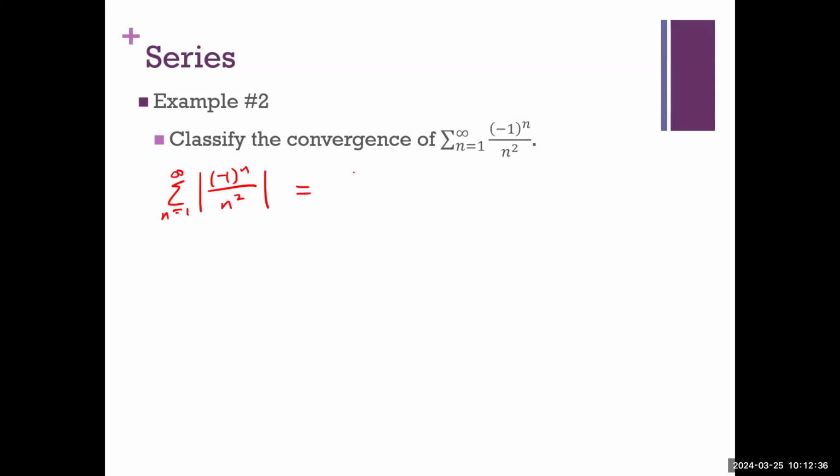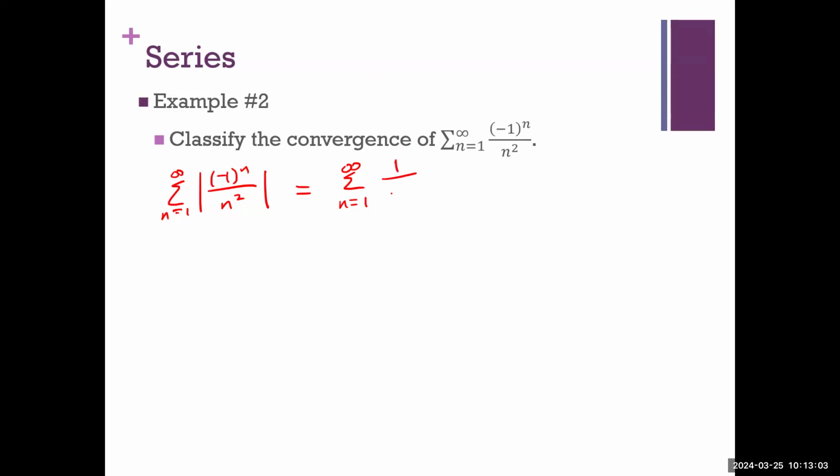How does the absolute value alter this series? Right, so the (-1)^n term, basically the only two values that part of this sequence takes is -1 or 1. So taking the absolute value of that basically makes it always equivalent to 1.